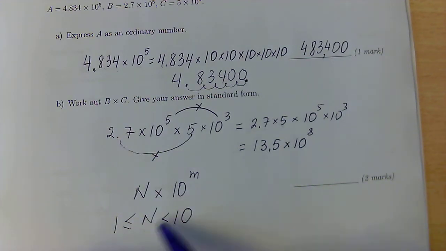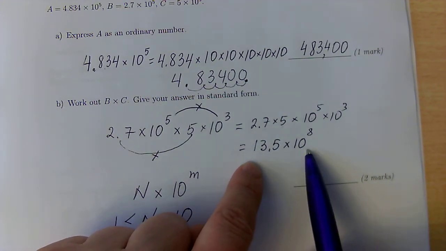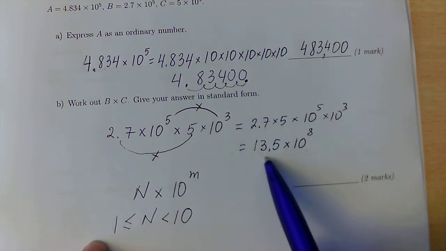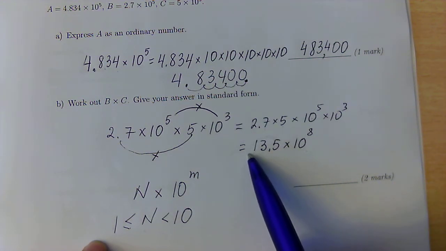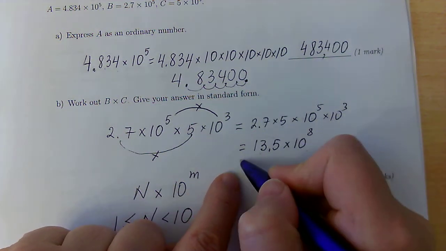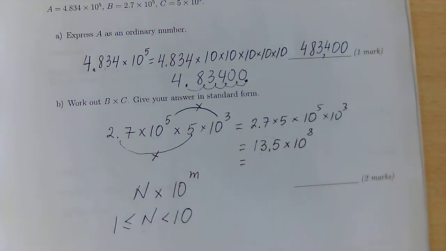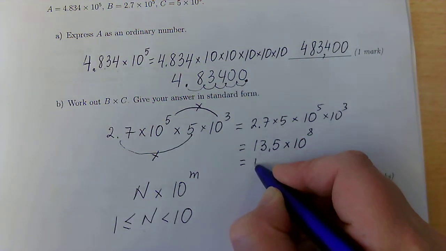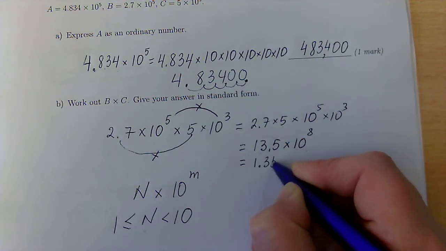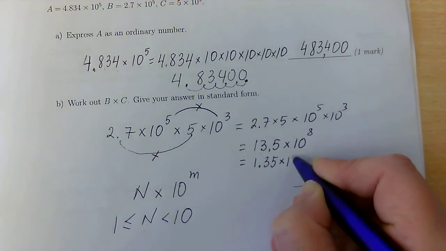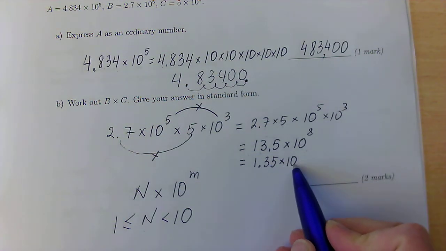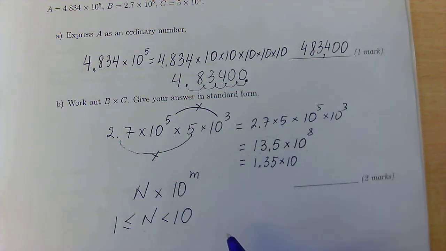So as you see, our number is not yet in the standard form because the numerical part is more than 10. So therefore we need to be really careful here. We need to rewrite this number as 1.35 times 10, right? Check. 1.35 times 10 is 13.5.